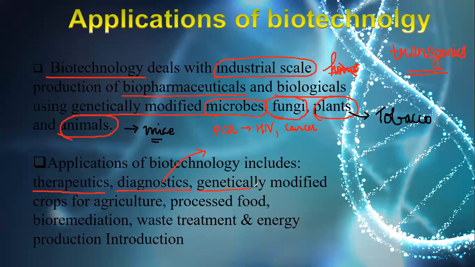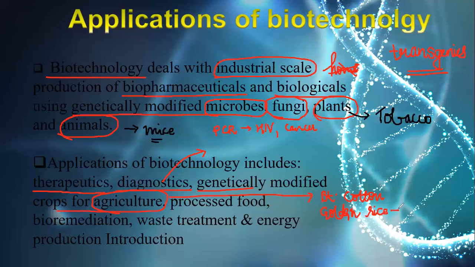Then they are used for genetically modified crops in agriculture. You will be familiar with the term BT cotton, right? BT cotton, golden rice, all these are biotechnological methods of development.